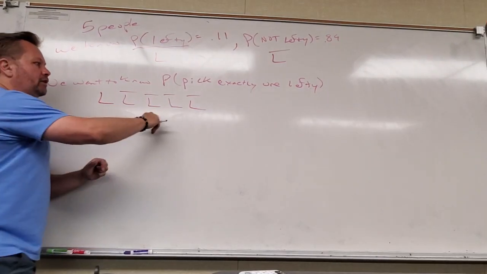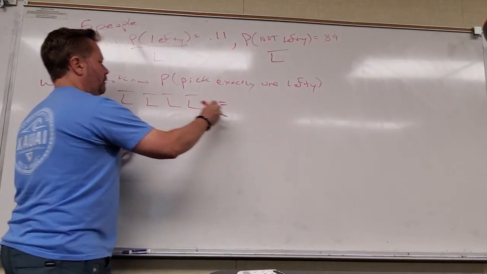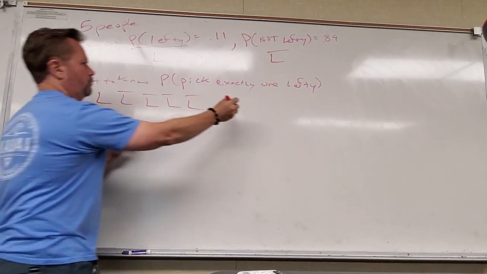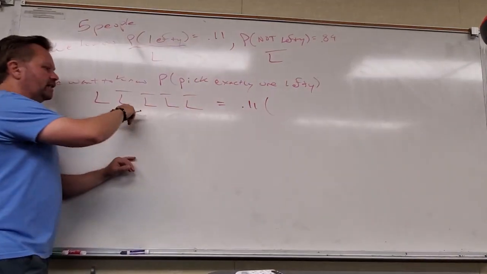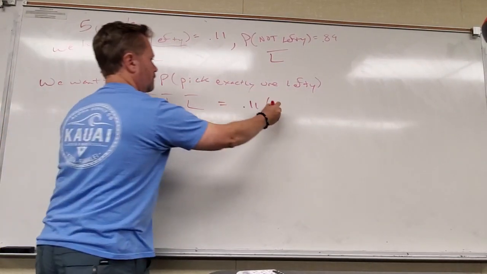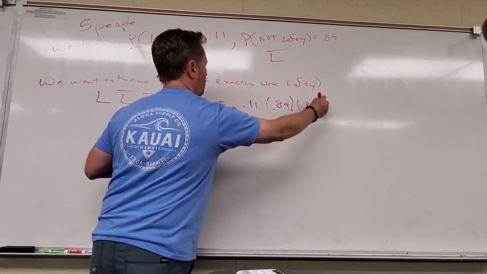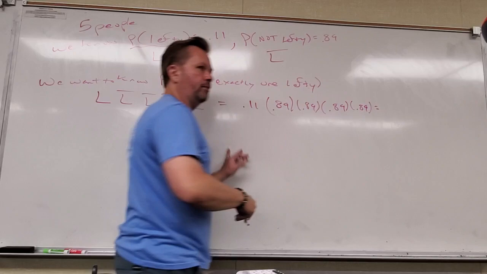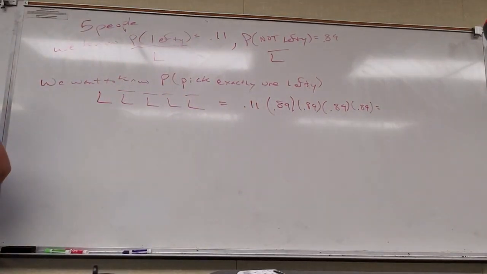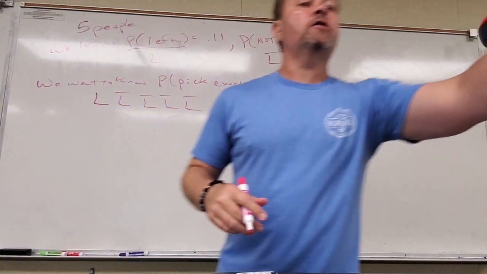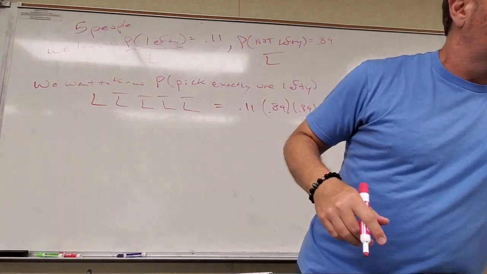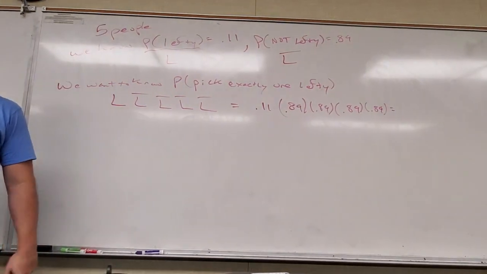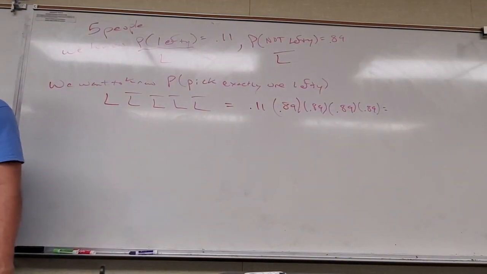So if I wanted to calculate just this probability, what's the probability somebody's left-handed? 11%, so 0.11. What's the probability somebody's not left-handed? 0.89. We've done this kind of problem before. But when I asked you this question before, I was very specific. I would have said, what's the probability the first person I pick is left-handed and the other 4 aren't, right?